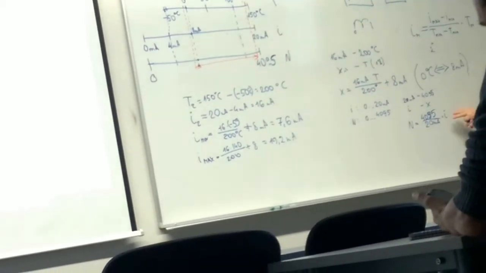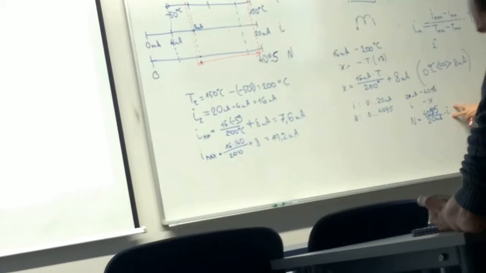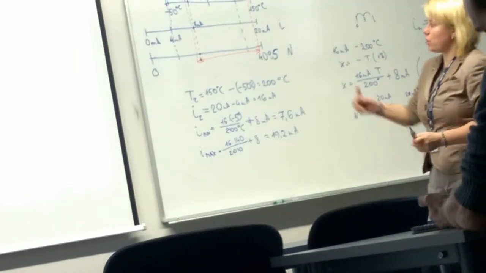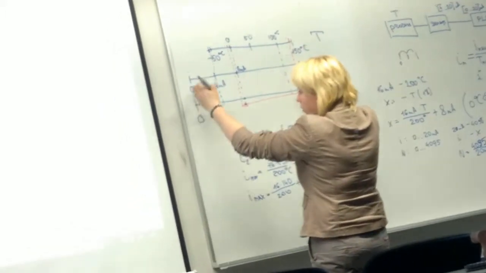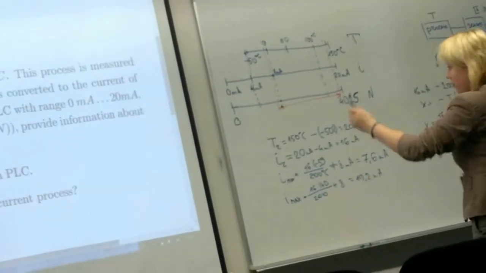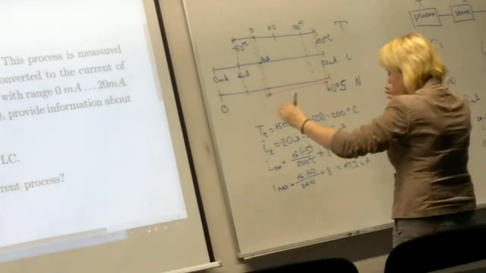Here we obtain that dependency. It's very easy to obtain, because basically all those values are from 0 to the maximum. They are not shifted.